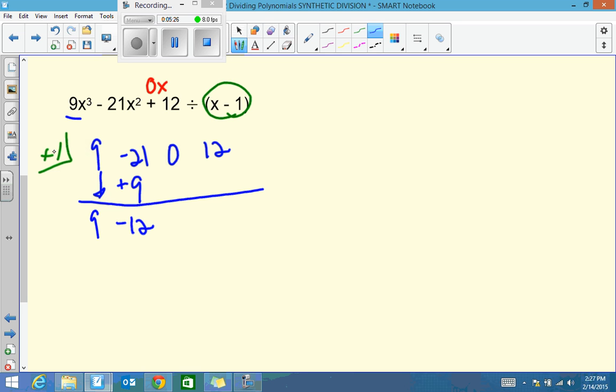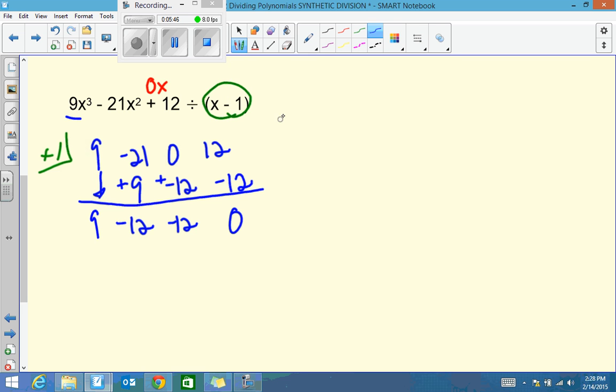We multiply again. 1 times negative 12 is negative 12. Add 0 plus a negative 12 is negative 12. 1 times negative 12 is again negative 12. Negative 12 minus 12 is 0. So here are the coefficients of our answer.